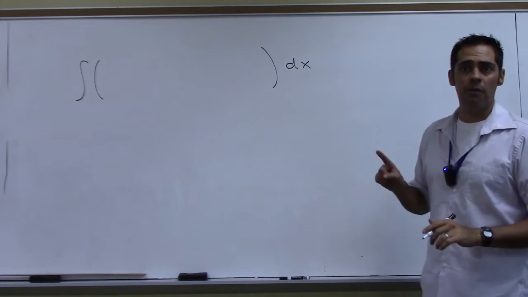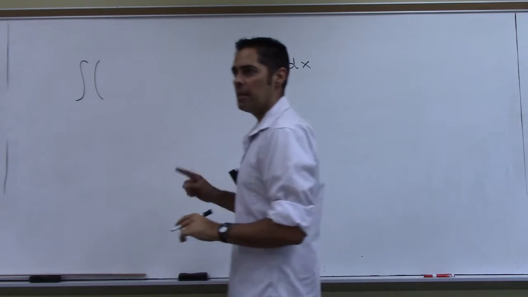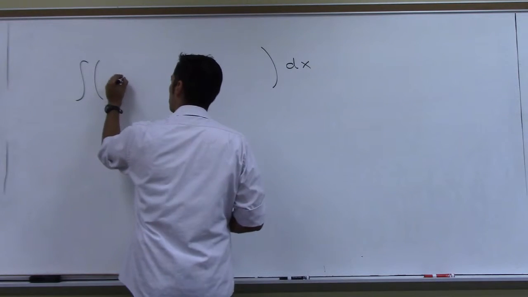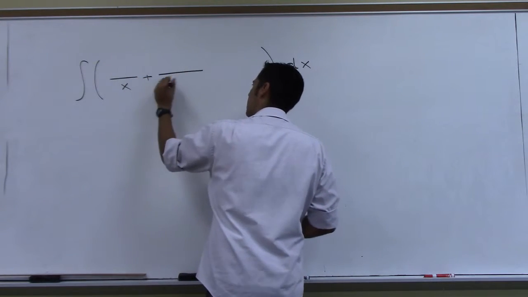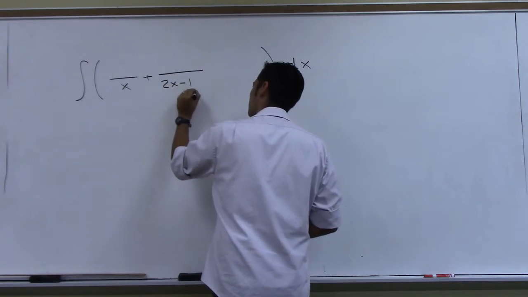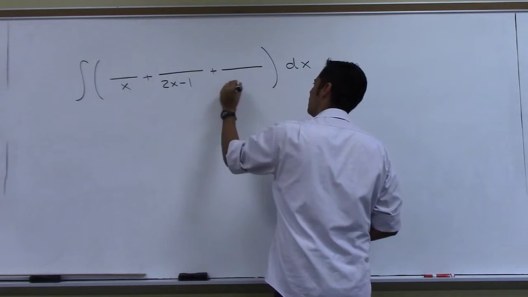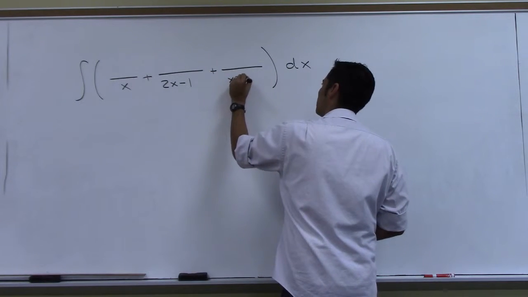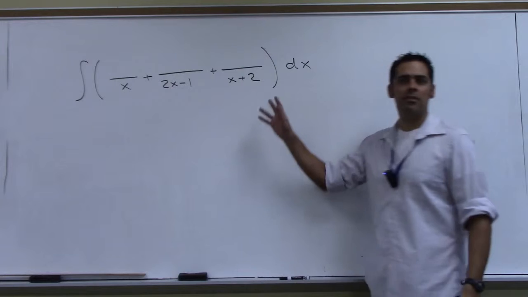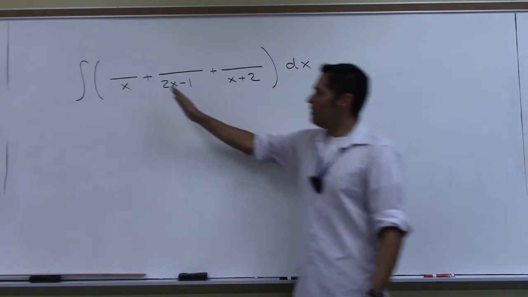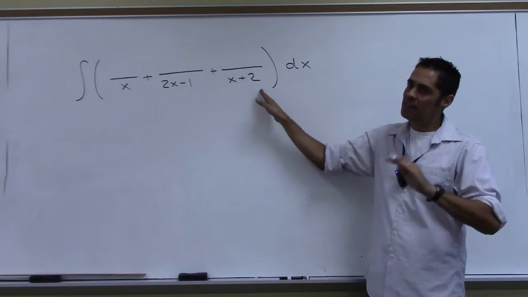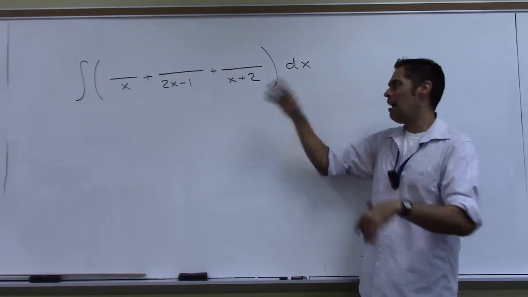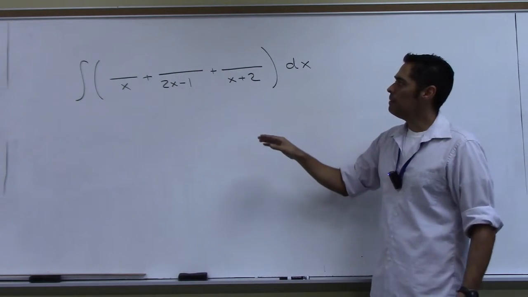It was a over the first distinct linear factor, which I recall was x. I think the next one was the 2x minus 1, and I think the last one was x plus 2. Were those the 3 factors? Did I have a on top of x, b on top of this one, and c on top of this one? You have to get everything back in the right place. You can't just slap them wherever I want.